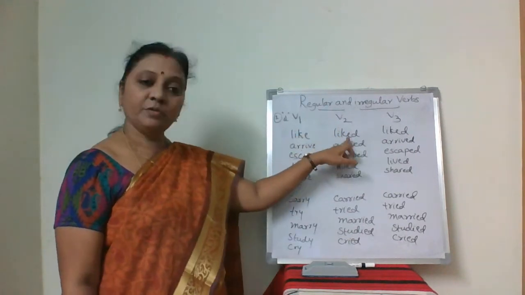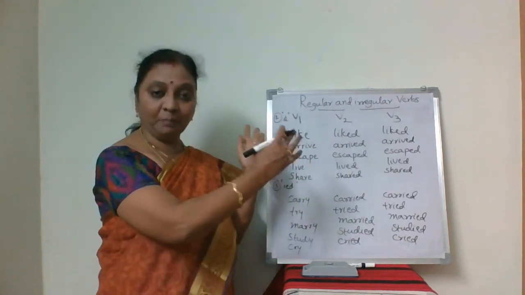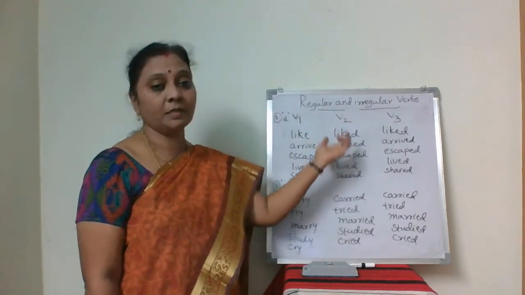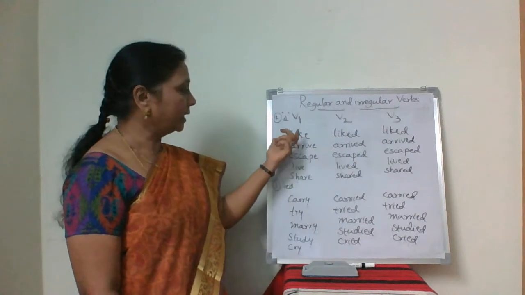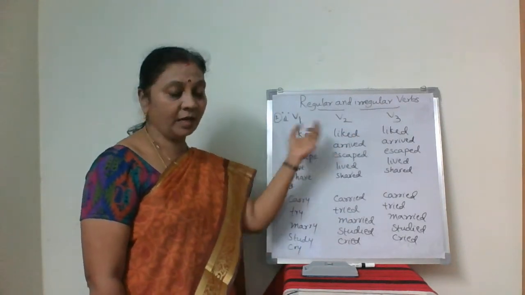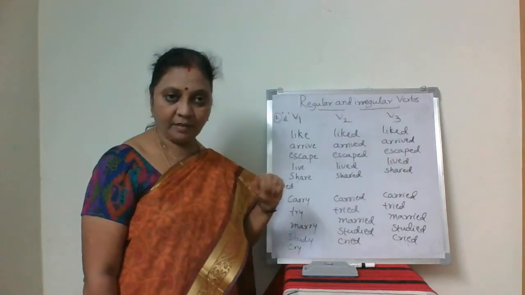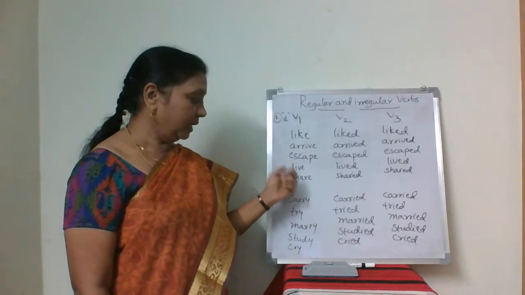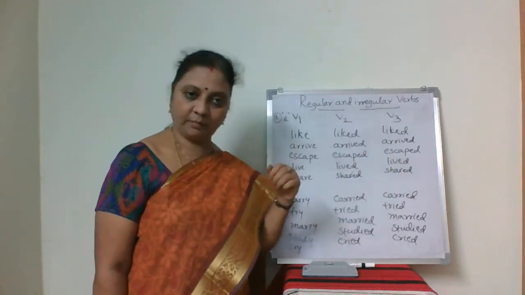So to make them past form and past participle, just add d, they become past and past participle. Like, arrive, arrived, arrived. Escape, escaped, escaped. Live, lived, lived.